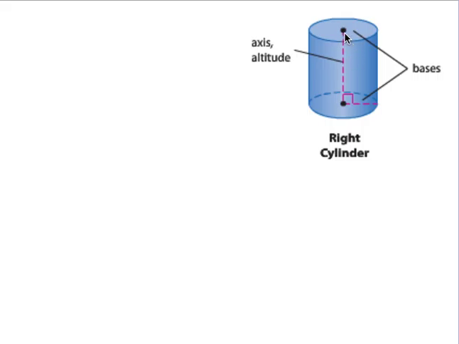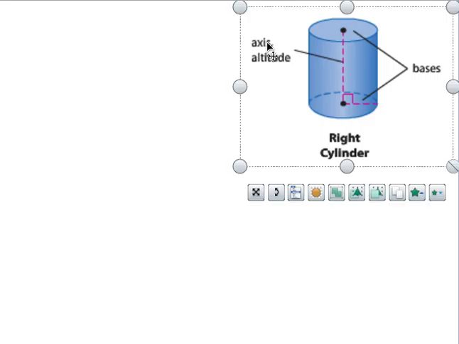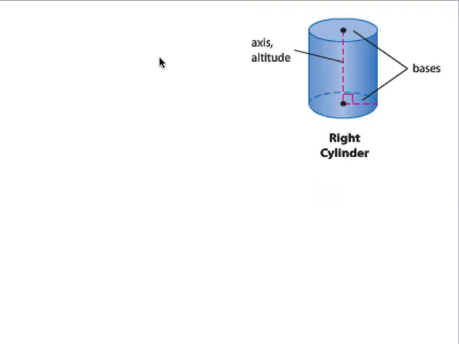Later on, if we get into oblique cylinders where they kind of have a lean to them, then the axis will not form a right angle with the bases. The altitude and the axis will always be the same on a right cylinder, but in an oblique cylinder they would not be the same. But we won't be working with oblique cylinders today.